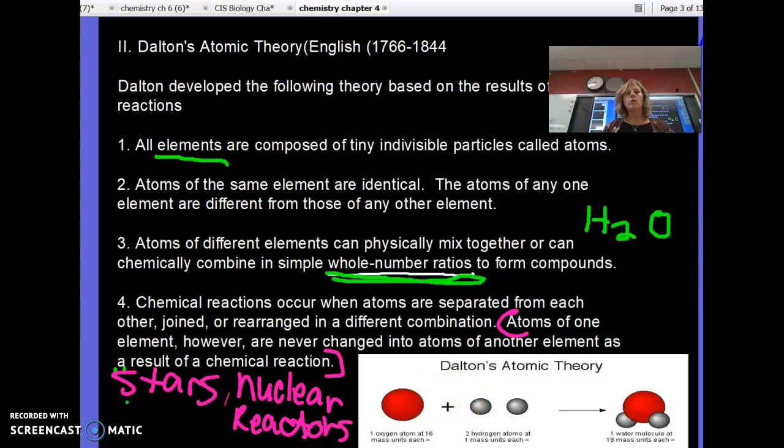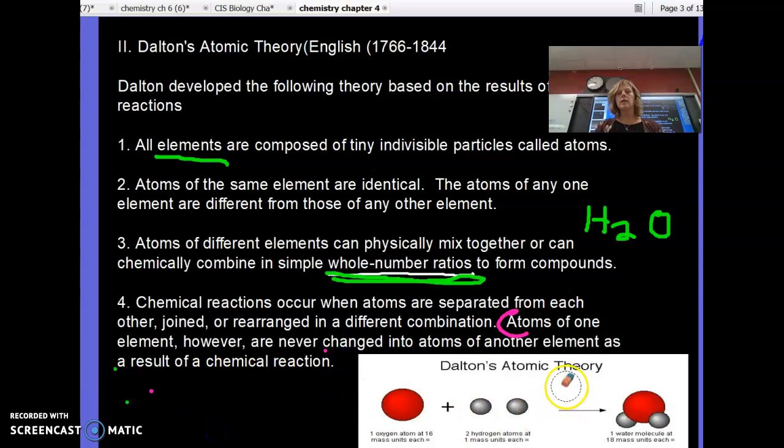So we know that although John Dalton was kind of right in his time based on what they knew at the time, this actually has changed and is not really true anymore. So now we say that this is true in ordinary chemical reactions.